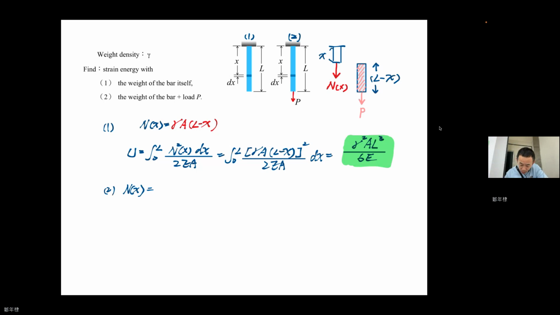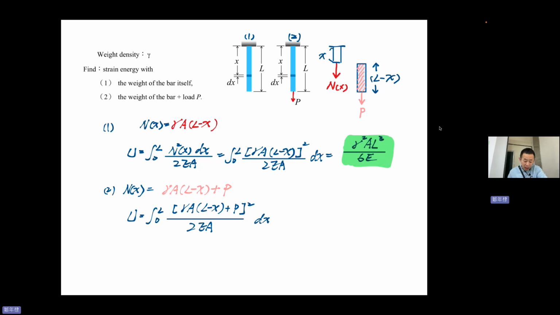So it will be gamma A (L minus x) plus P. So U equal to the integral of (gamma A (L minus x) plus P) squared over 2EA dx.